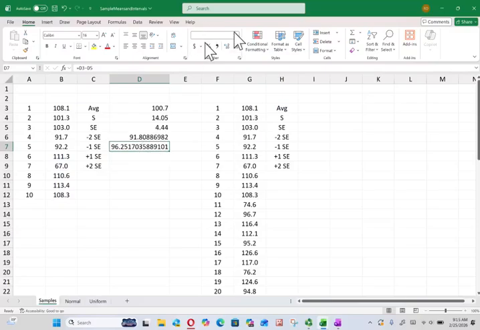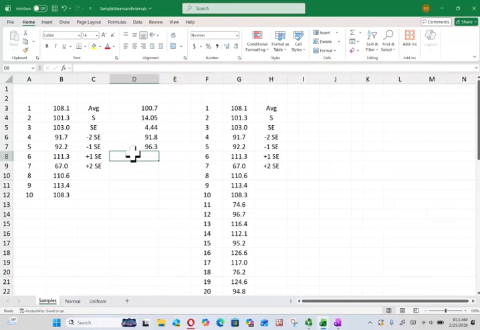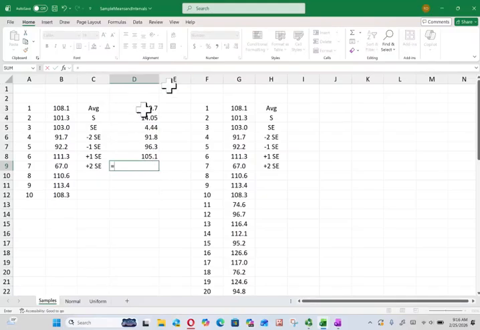That's a truly heroic number. I'm going to make all of these 1 decimal. There's no point in doing more. The average plus 1 standard error and plus 2 standard errors.